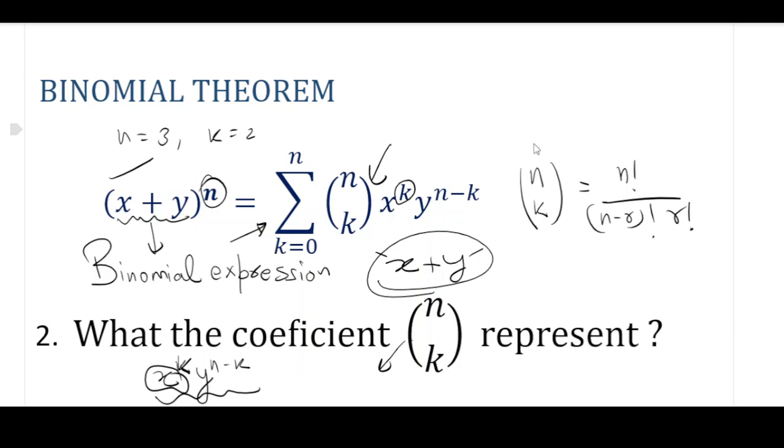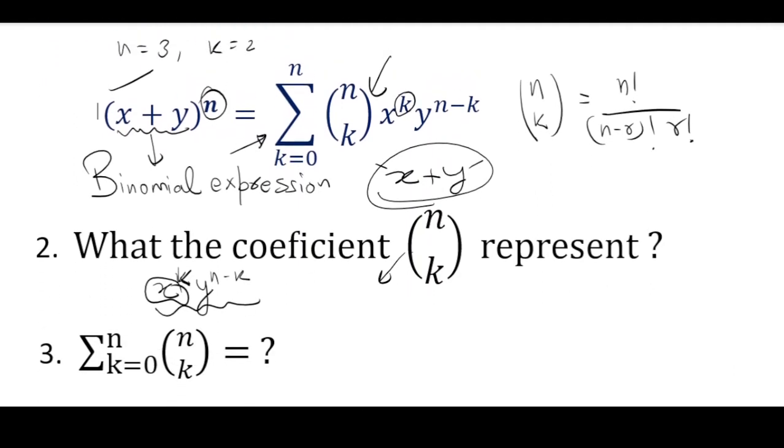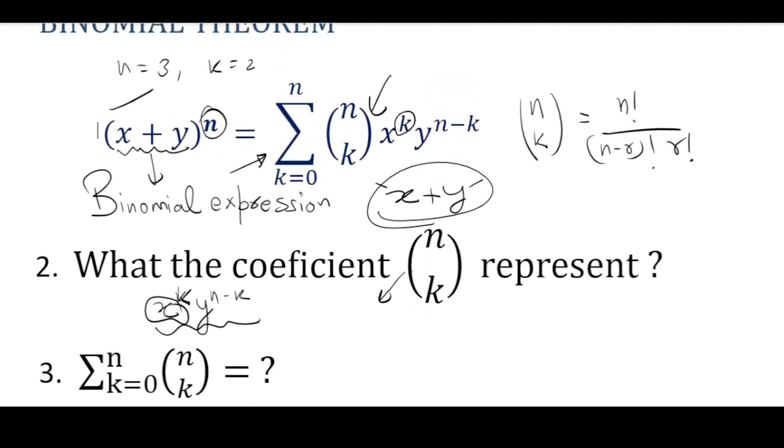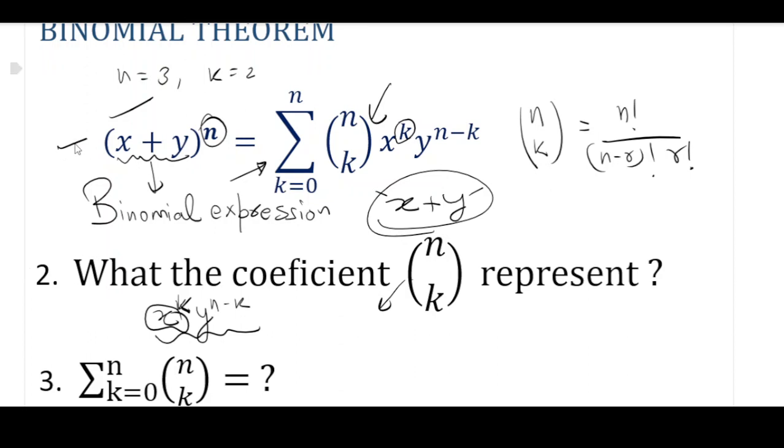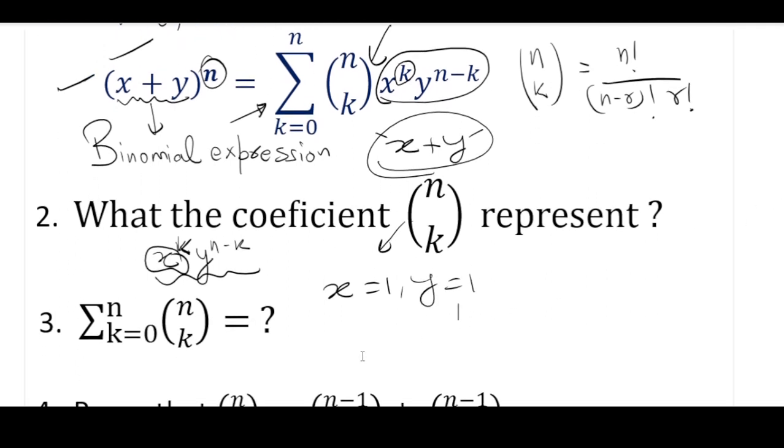Okay, let's move ahead. Now the third is very straightforward, very easy. You have to use this binomial theorem result in order to find the answer. You have to simply find the sum of nCk, so the powers reduce to 1 basically. What I have to do is, on the left hand side, substitute x to be 1 and y to be 1.